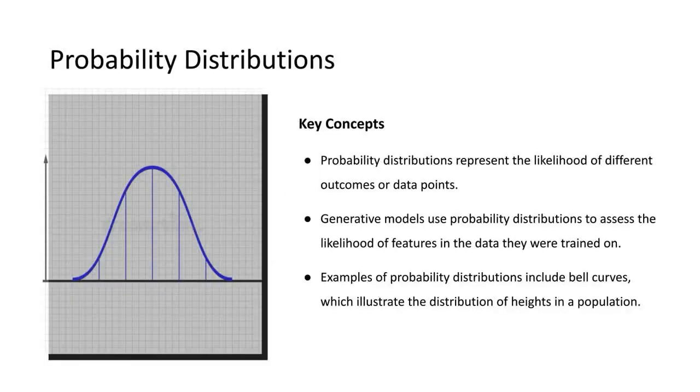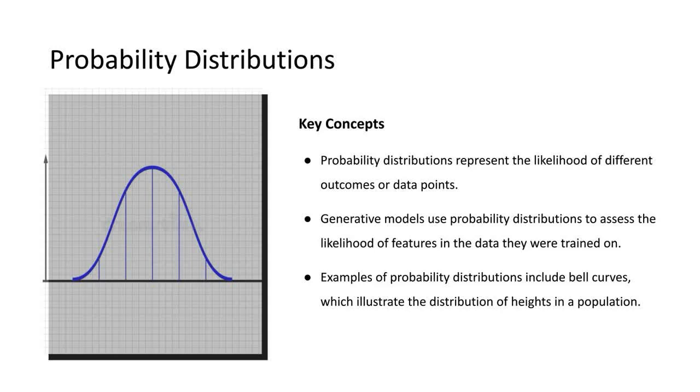Generative AI relies on the concept of probability distributions, which act like a map of possibilities. Imagine a map showing the distribution of houses across a city, with some areas having many houses close together, densely populated, and others having fewer houses spread out, sparsely populated. Similarly, a probability distribution tells the AI how likely different features are to appear in the data it's learned from.